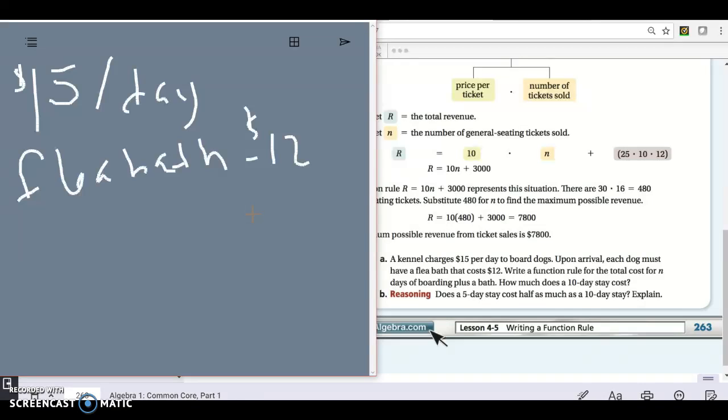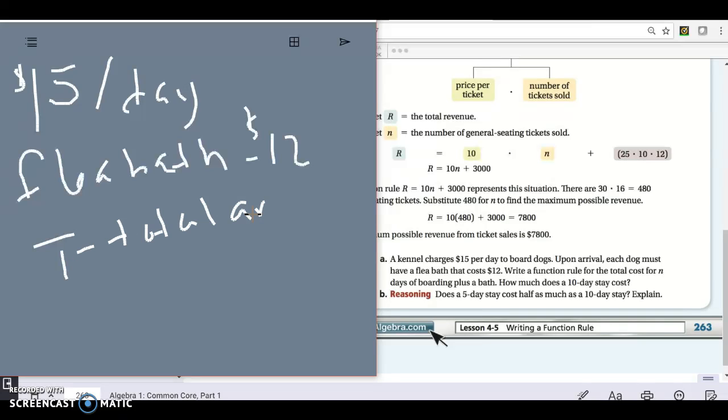We need the total amount of the kennel stay. So we'll say T is equal to total amount. And we know that it's $15 per day. So let's say D equals number of days.